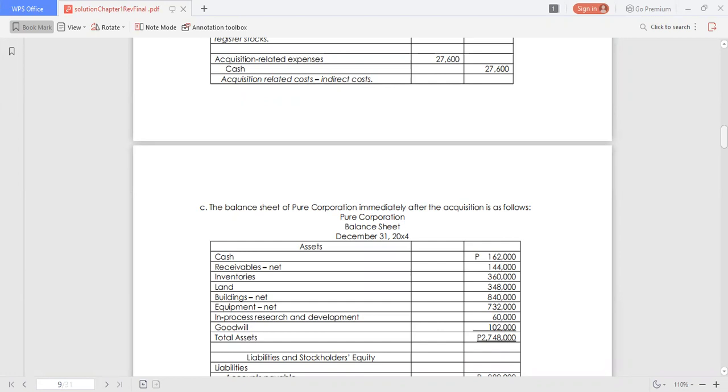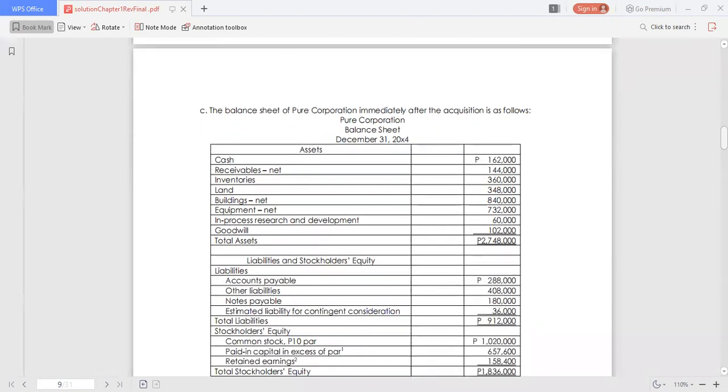Then we add the receivables of the two companies, total 144,000. The inventories of Pure and the inventories of Saint, so we now have the total of 360,000.